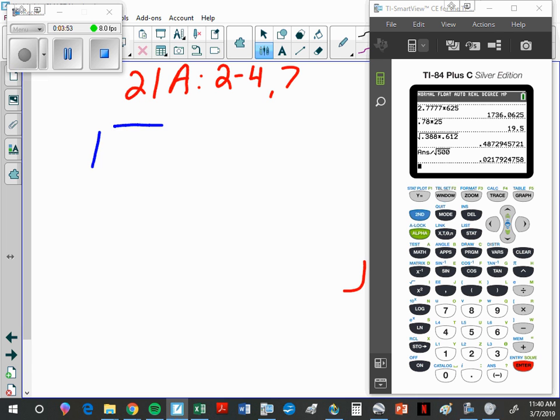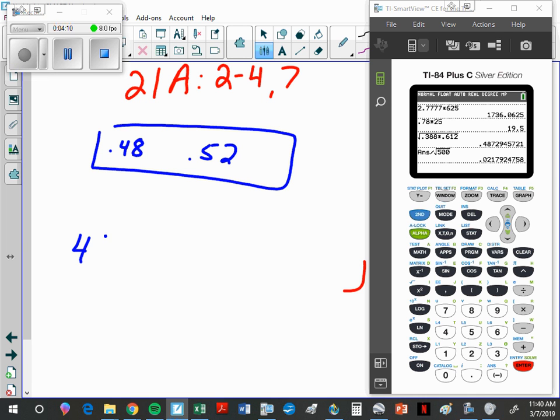So, in my box, I have 48% and 52%. And I'm not even going to bother with 1 and 0. 48% is yes, 52% is no. So my expected percentage is 48 plus or minus the standard error.